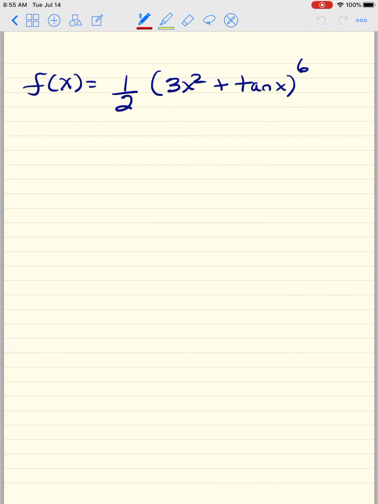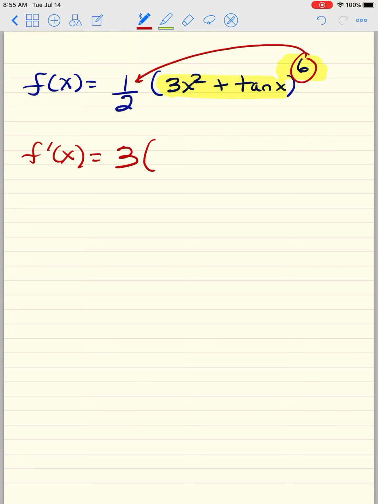Let's try another example. This example here, why am I going to use the chain rule when I find the derivative? Because it's a base to a power other than 1. So I'm going to take this, times it by the number in the front, just like a power rule. Half of 6 is 3. Recopy the inside. Reduce the exponent by 1, so this 6 becomes a 5.